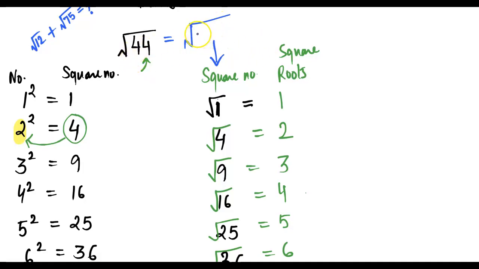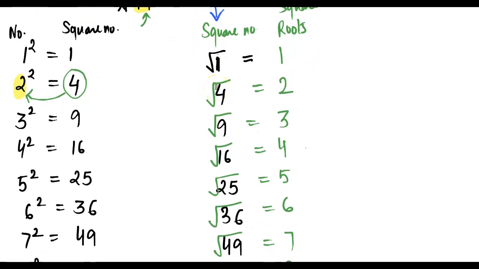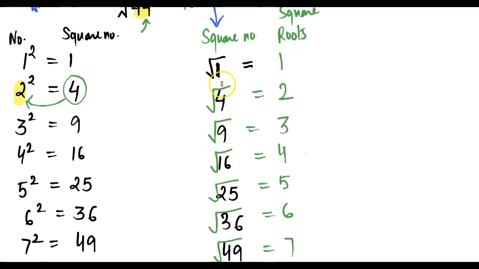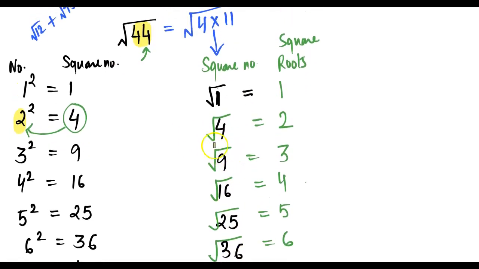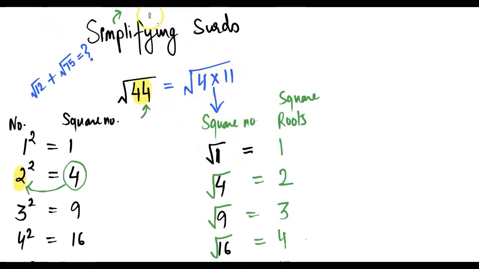Can we write 44 as 4 times 11? We just have to break this number based on square numbers, so you need not think of anything else except these numbers. You need to think of which particular square number is going to divide 44. Is it 4, 9, 16, 25 and so on? So we got 4 and 11.